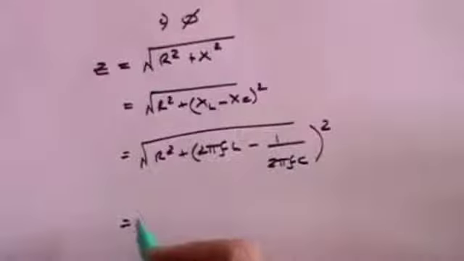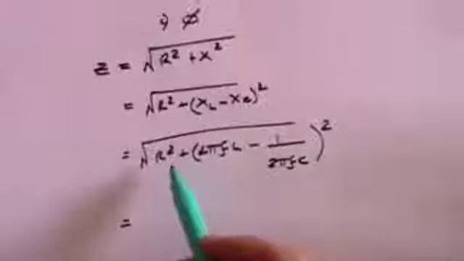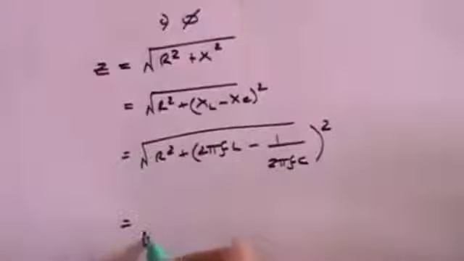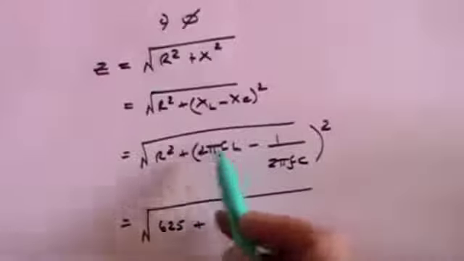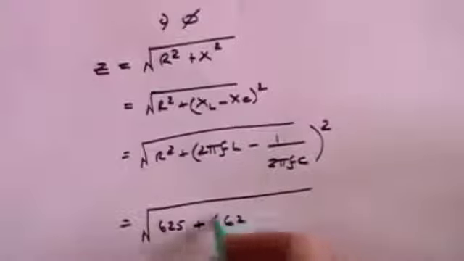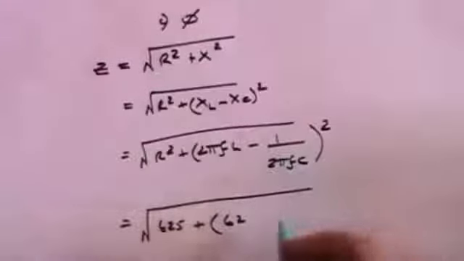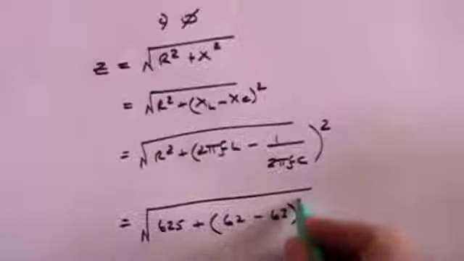And if you substitute in here, R, remember, was 25, so the 25 squared is 625, plus, if you work this out, you get 62. If you work this out, you get 63, all squared.